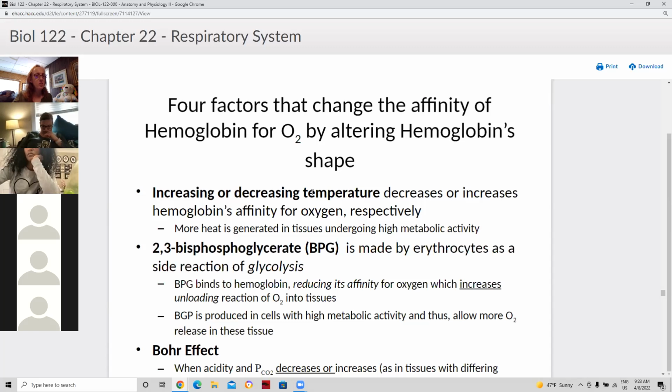And so we're going to gradually change the shape of hemoglobin, which is going to allow it to have either a higher affinity or a decreased affinity for oxygen. Increasing or decreasing the temperature is going to alter hemoglobin's affinity for oxygen. More heat is generated in tissues undergoing higher metabolic activity, which is going to decrease hemoglobin's affinity for oxygen.